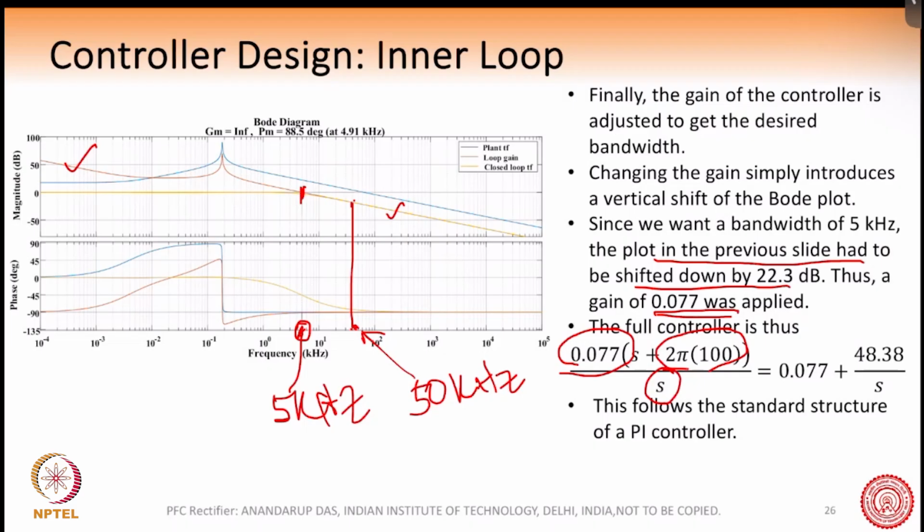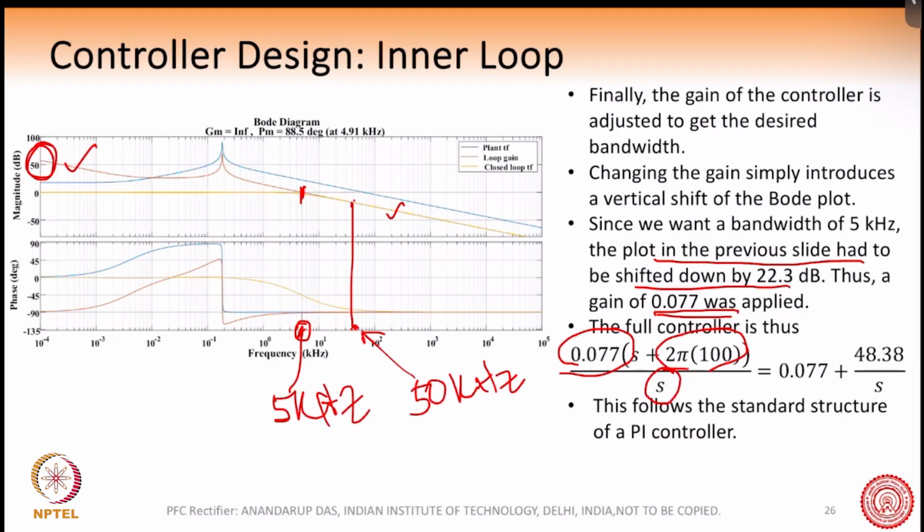So you can understand that by putting in zeros and poles and by adjusting the gain, we can manipulate this loop gain plot and make it as per our specification and requirement. Our requirement was that the DC gain should be very high.